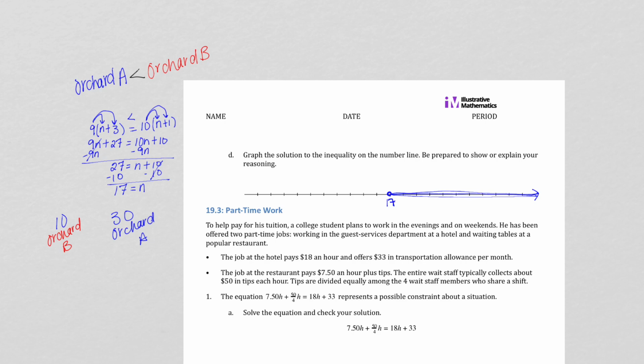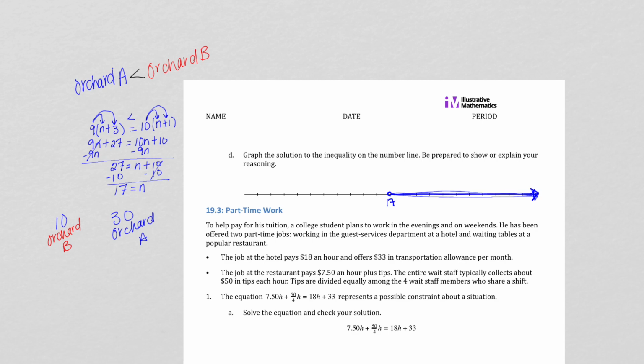If it were including that point, we would have the equal sign underneath it. So we want our graph to go this way. Notice that that is not the same direction as my inequality. Okay? It is going the opposite direction.